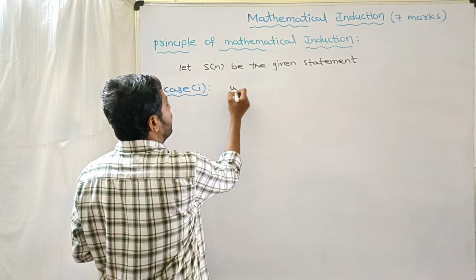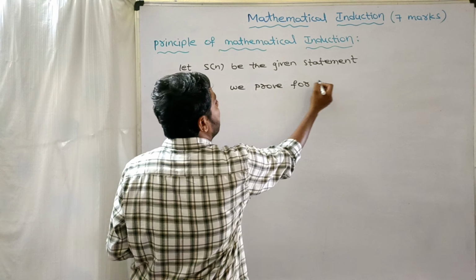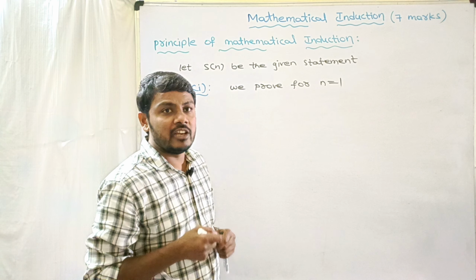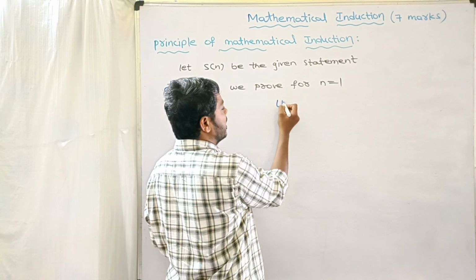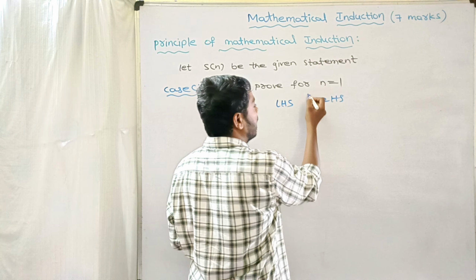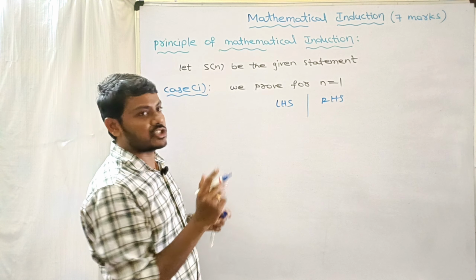So simply you prove for n is equal to 1. That is the first case. In the first case, we can consider LHS and RHS separately.